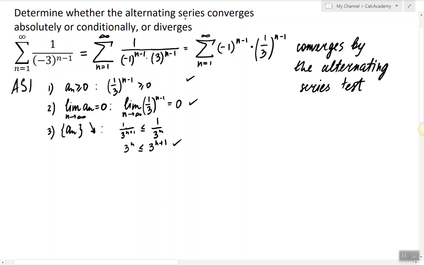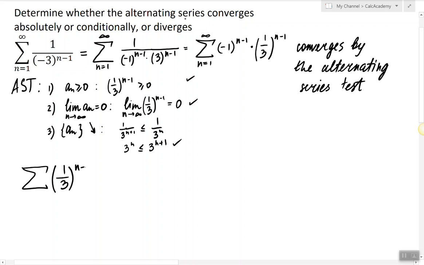Now, once we determine that the alternating series converges, the next question is, does it converge absolutely or conditionally? And to answer the question like that, we have to consider the series made of the absolute values of the terms of the original series. That is, the question now, does this series converge or diverge?